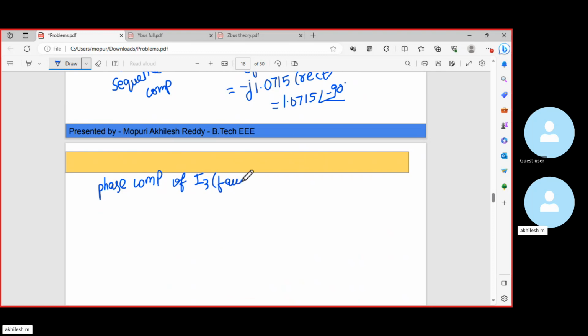We have a matrix relation between the phase components and the sequence components. We need to find I3A, I3B, I3C. The third bus bar current is a three-phase current: how much current is flowing in A phase, in B phase, and in C phase, I3C.